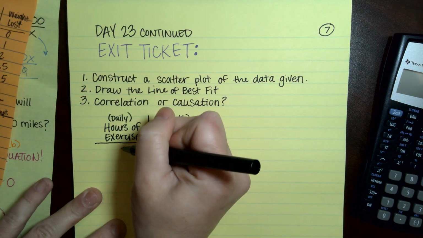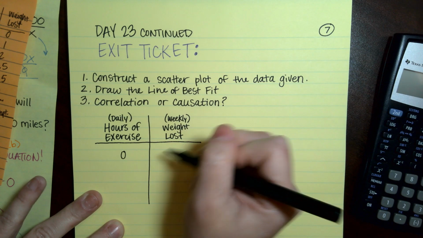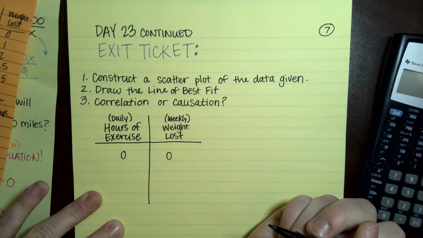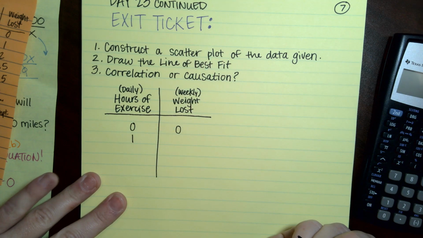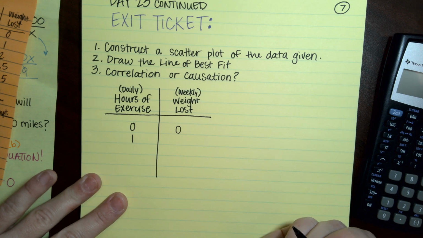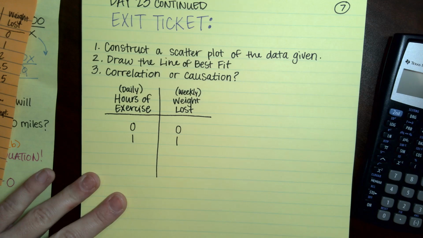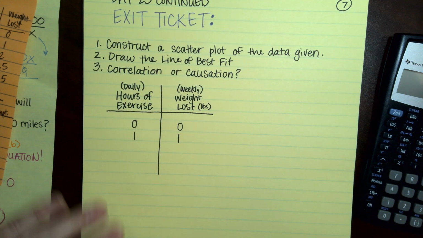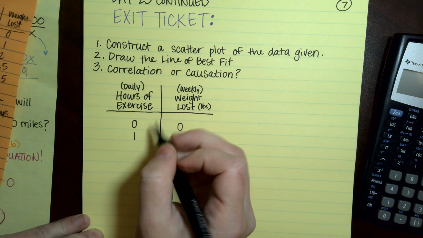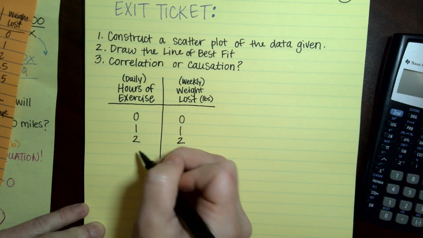So if you exercise for 0 hours a day, we're gonna lose 0 pounds in a week. Let's say you exercise 1 hour a day, and guys, I'm not a health person. I'm not gonna tell you this is accurate. It's just some data I found. This person lost 1 pound in a week. When they exercised for 2 hours a day, they ended up losing 2 pounds that week.